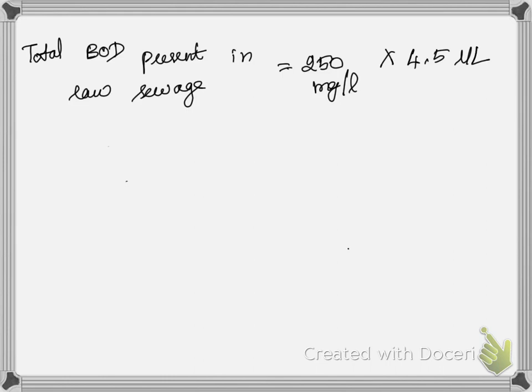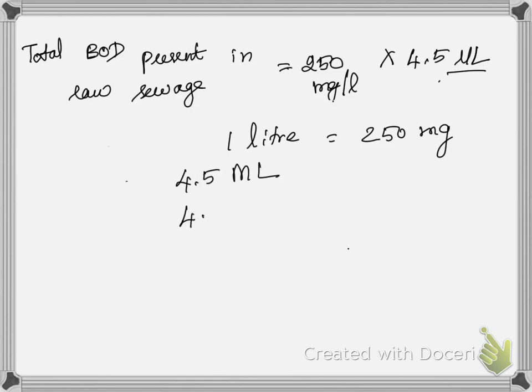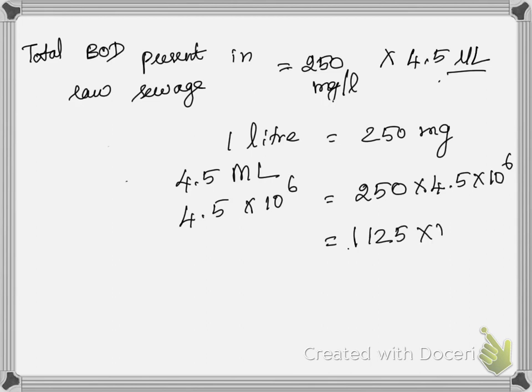Now if you see the unit, this is in milligram and this is in million liters. 250 milligram per liter means for 1 liter you have 250 milligram. Then for 4.5 million liters, which is equal to 4.5 into 10 power 6 liters, it is 250 into 4.5 into 10 power 6, which is going to be 1125 into 10 power 6 milligram. So this is what you will be getting.